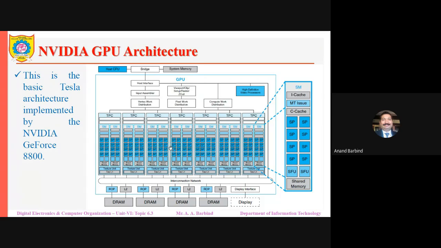Above and below are the various blocks which make use of these processors for graphical processing. Below it there is a DRAM, and there is an interconnection network between these processors and the DRAM, that is dynamic RAM.